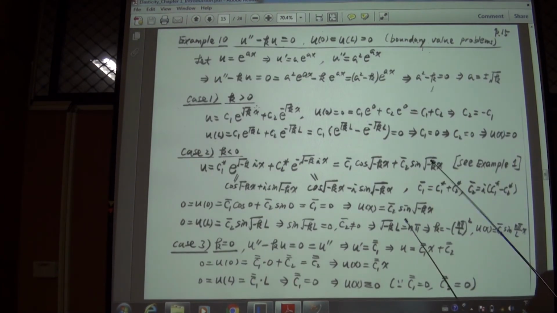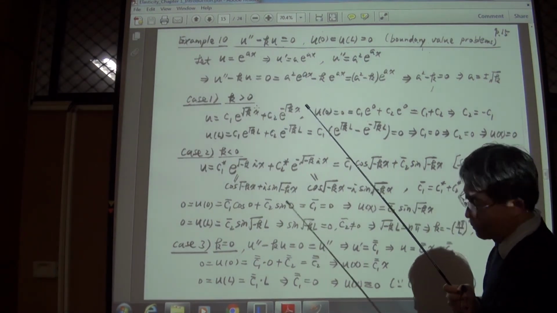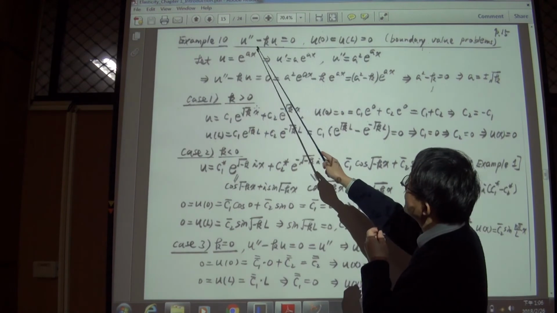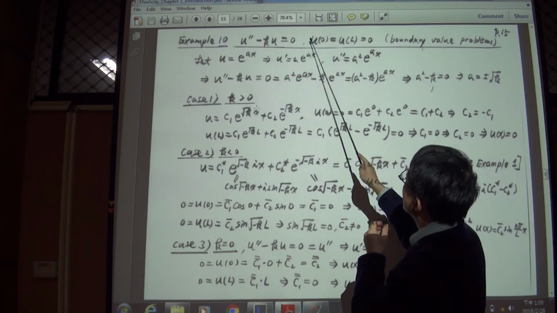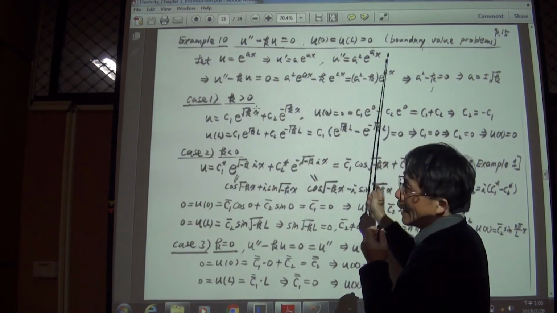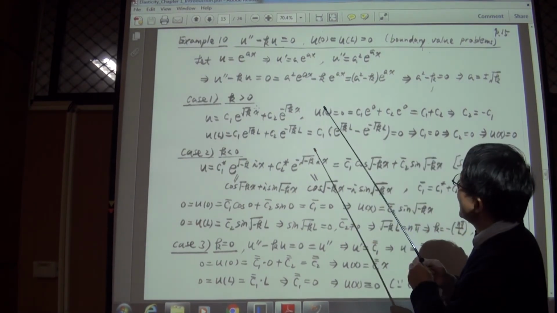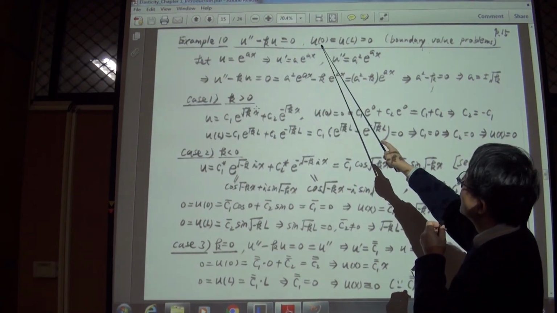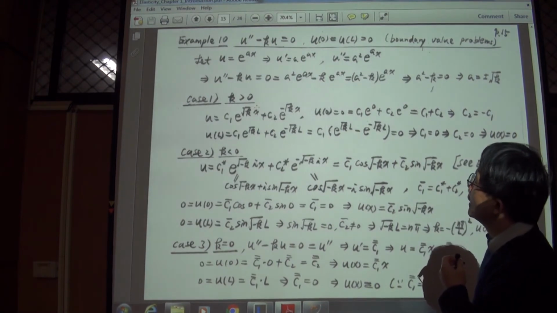In example 10, we do a new thing again. We have an equation like this, u double prime minus k u, and then we add some boundary conditions. When x equals 0, u equals 0, and when x equals L, u equals 0 too.